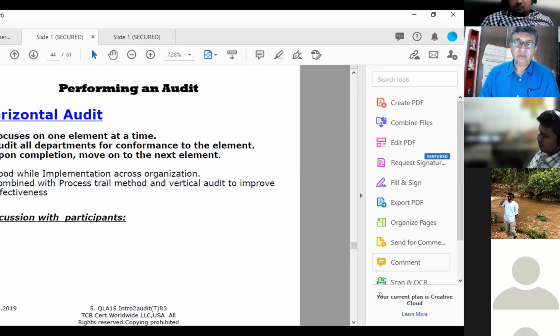Now just imagine, a hydro test report is an evidence of hydro test being performed in that organization. Do you agree with me? Yes. So I take this sample, for example, this is the hydro test report. I take the note, the hydro test of this component was done on the 6th of June.